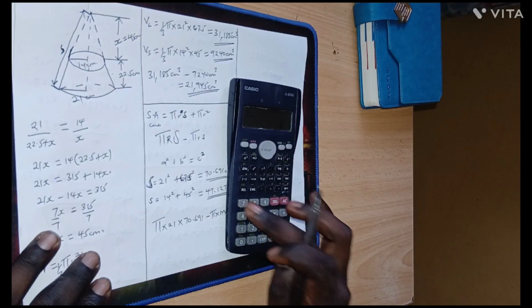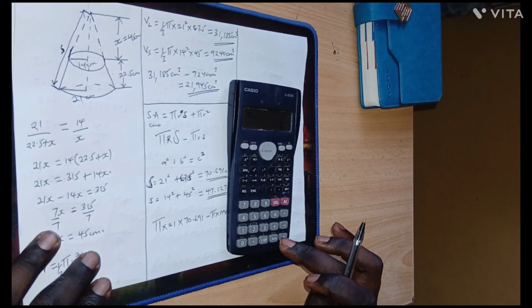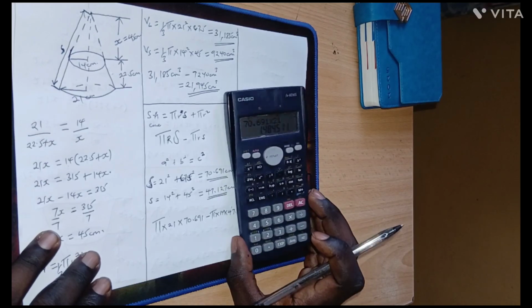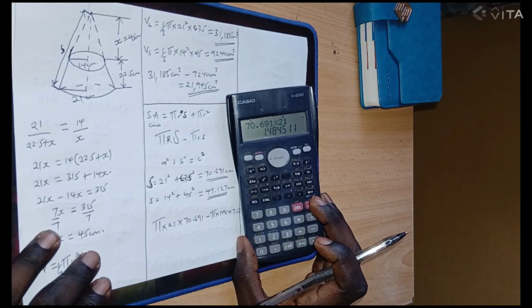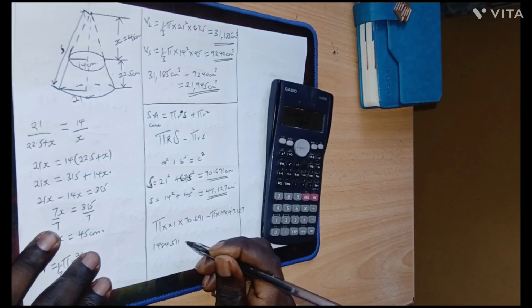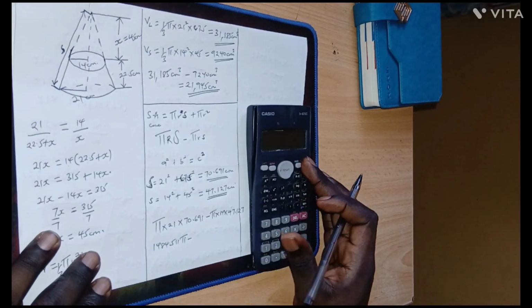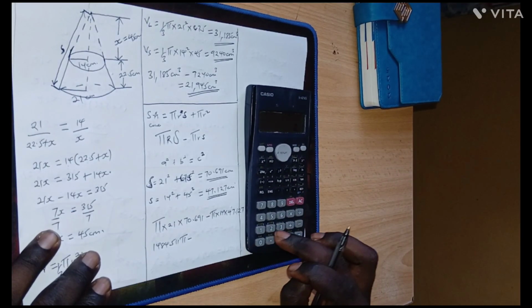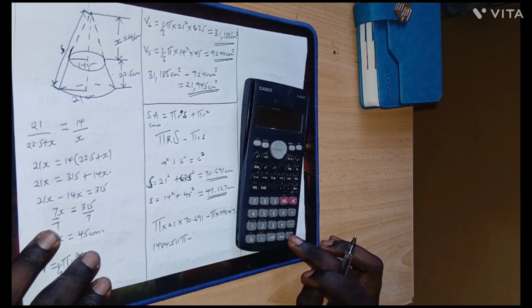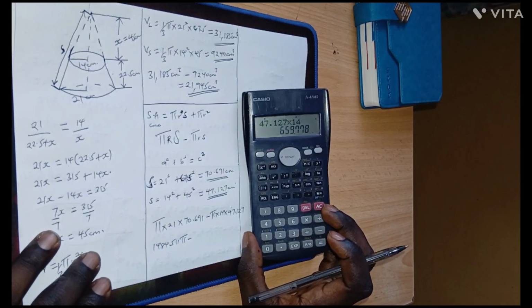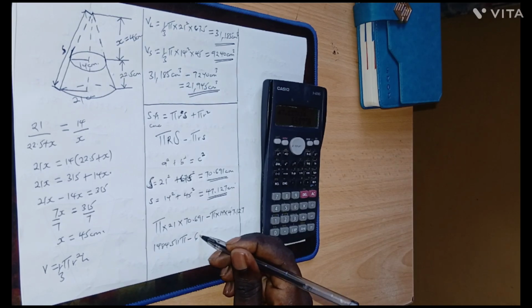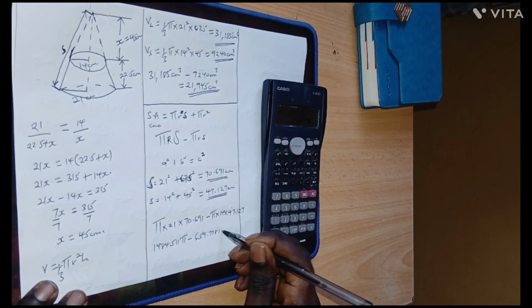So what's it going to give us? 70.691 times 21 gives us 1484.511 pi. Minus 47.127 multiplied by 14, which gives us 659.778 pi.